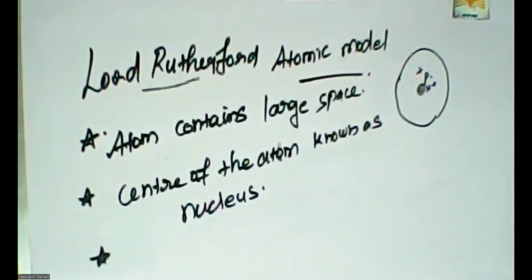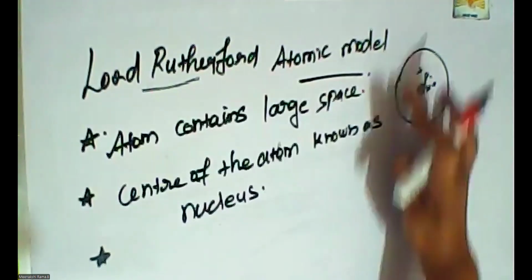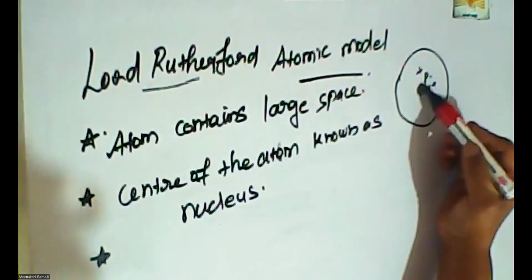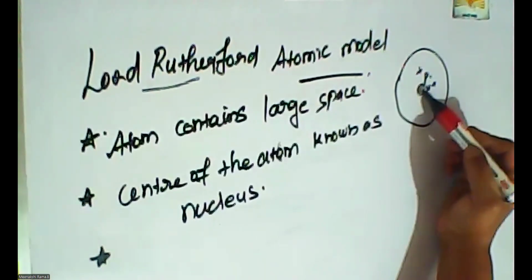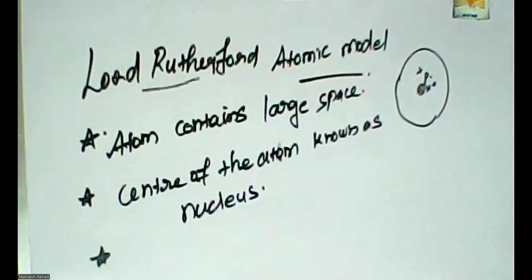Third point: the size of the nucleus is very small compared to the size of an atom. That is also right, because this is the atom, and the center part is called the nucleus. Compared to the nucleus space, the atom space is very large.